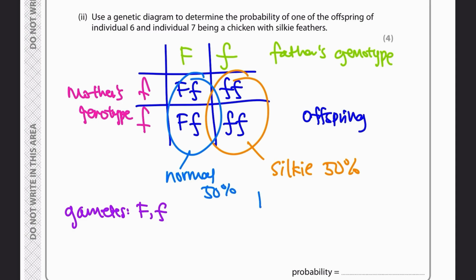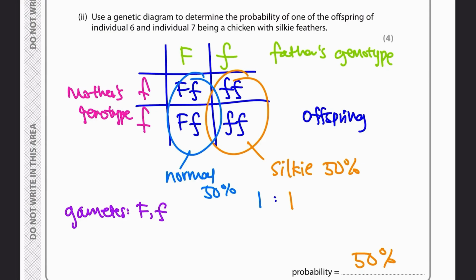So this is what we call a 1-to-1 ratio, because there's a 50-50 chance of them getting either normal or silky phenotype. And finally, it says probability of one of the offspring having silky. So the chance of having silky is just 50%.